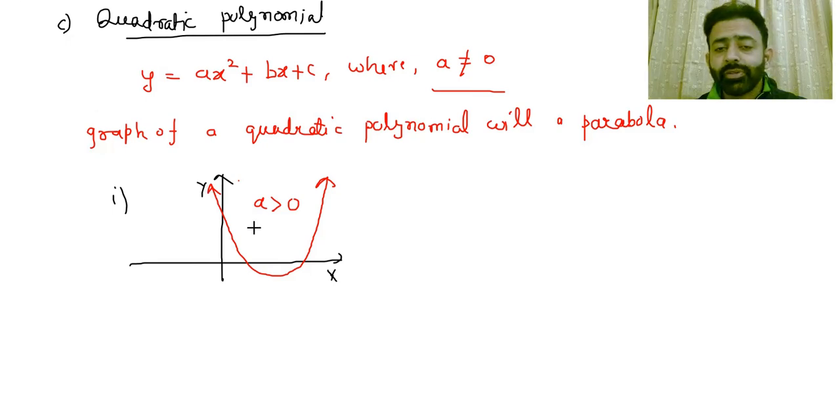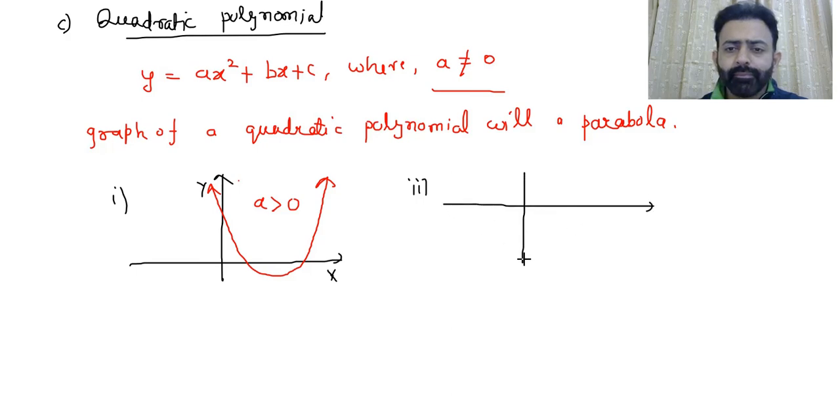If the value of a is positive, then we say that it will be a U-shaped curve. And the second part is just the opposite of this: this is your y, this is your x, and if a is negative, it will be an inverted U-shaped curve, right? This is the case where a is negative.